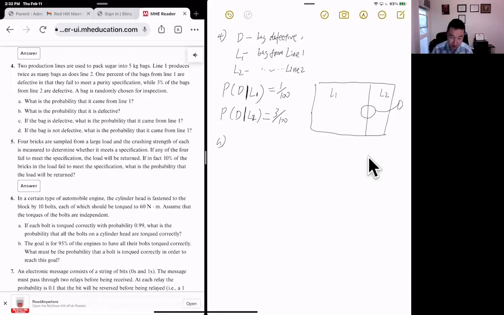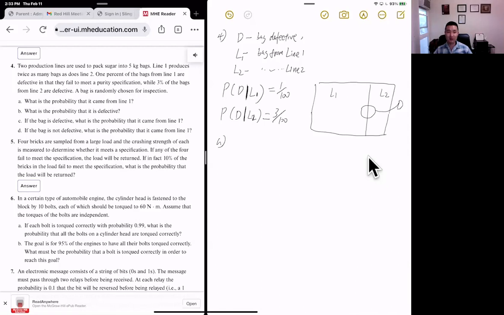So if line 2 produces 100 bags, line 1 will produce 200 bags. Out of this total of 300 bags, 100 are coming from line 2 and 200 from line 1. Then what is the answer for A? What is the probability a randomly chosen bag is coming from line 1?